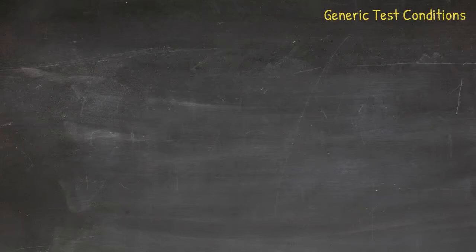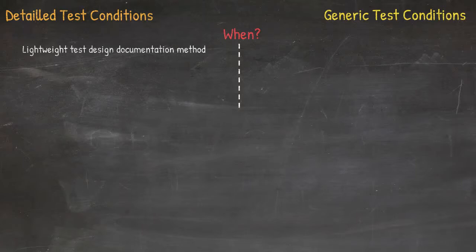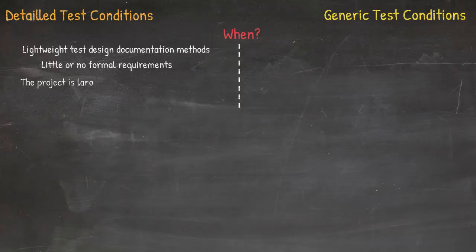We should now assess when to use generic and when to go into full detail for test conditions. To simplify the answer, we can look at it as follows. Detailed when we have lightweight test design, little or no formal requirements, large-scale projects, complex, and a high-risk environment.